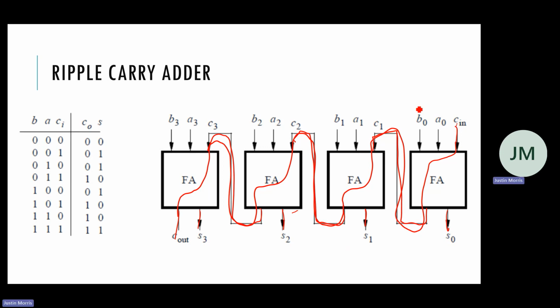I have to first go through this first full adder, then the second, then the third, then the fourth, until I can finally get my last answer. So this is very slow. Do we see why that is? Or sequentially calculating this, right?